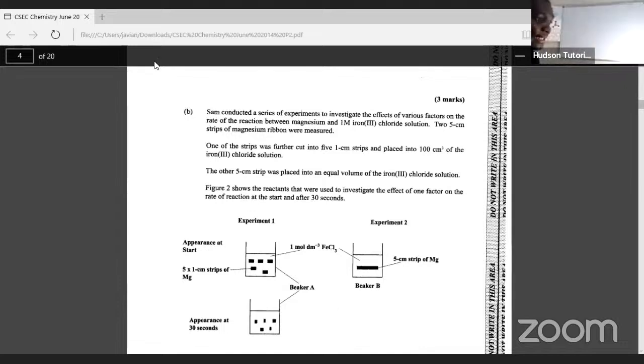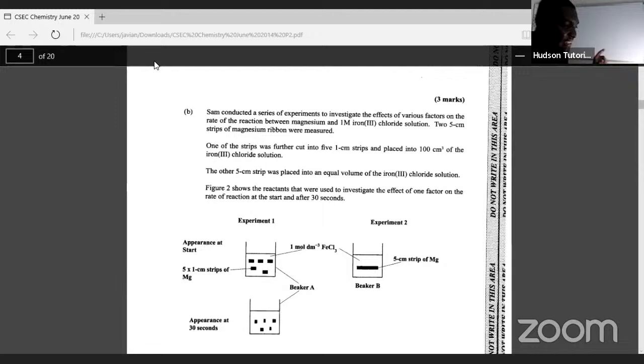All right, so I just realized that I was actually muted. So let's go again. It's B. It says Sam conducted a series of experiments to investigate the effects of various factors on the rate of reaction between magnesium and iron chloride. Two 5 cm strips of magnesium ribbon were measured. One of the strips was further cut into 1 cm strips and placed into a 100 cm³ of iron chloride solution.